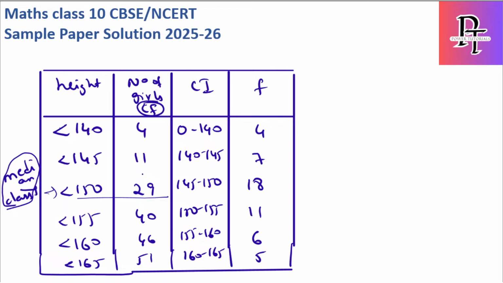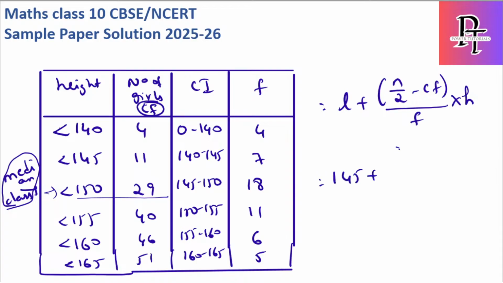Okay, now let's solve using the median formula. The median formula is L plus (n by 2 minus Cf) by f into h. What are the values? L here is 145. n we already have, which is 51, so n by 2. Cf is not the cumulative frequency of this class; you have to take the cumulative frequency of the preceding class, so it is 11.